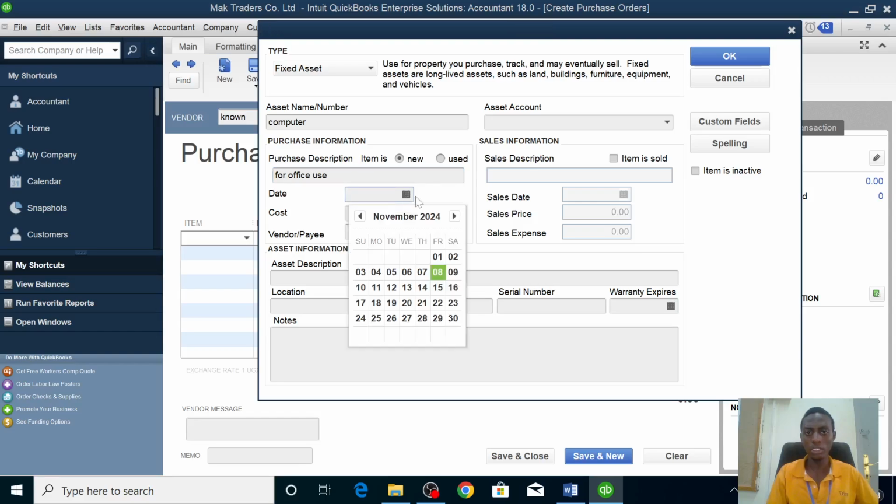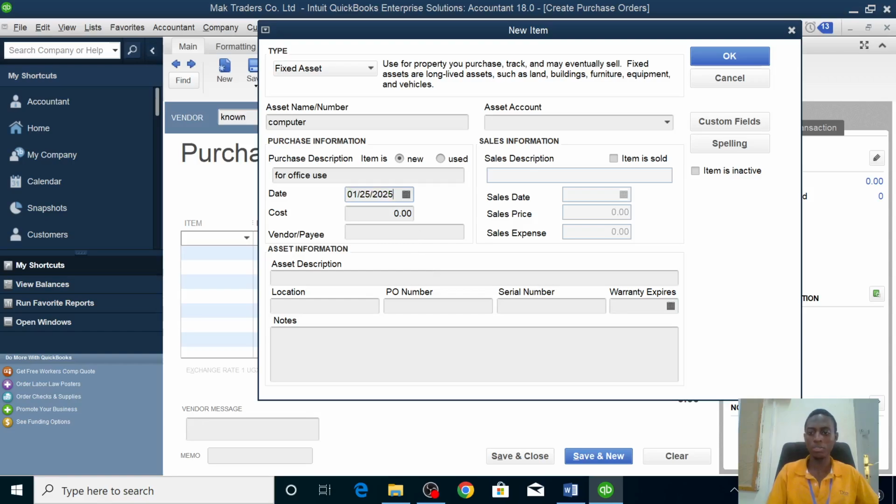Then date of purchase 25th January 2023. Cost 2 million. Yeah, asset account.